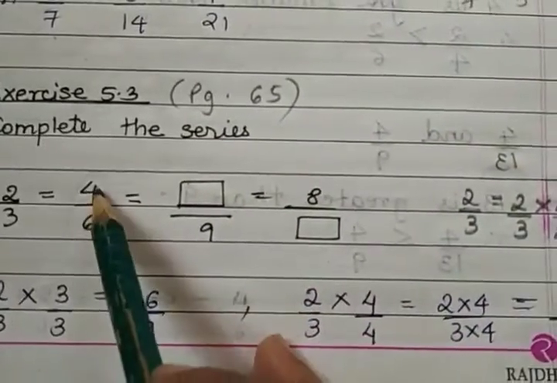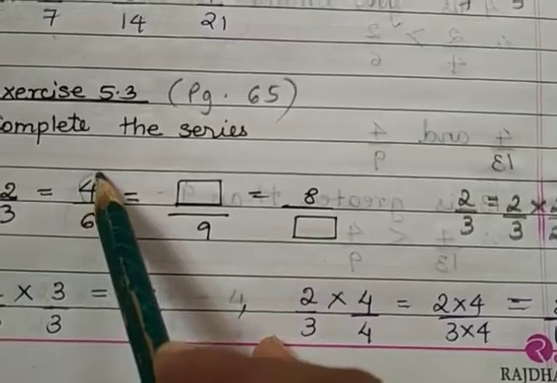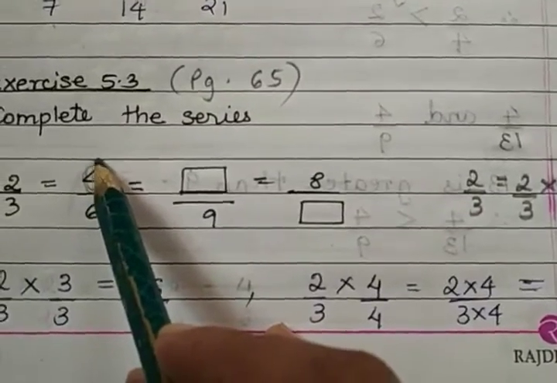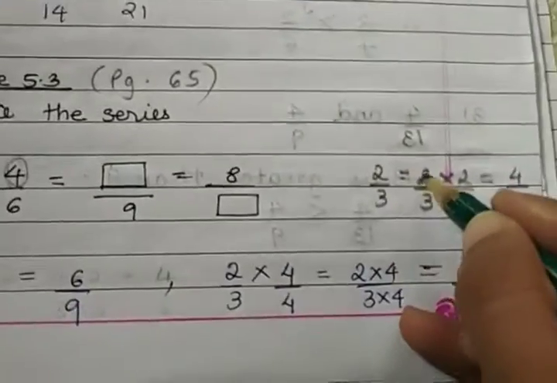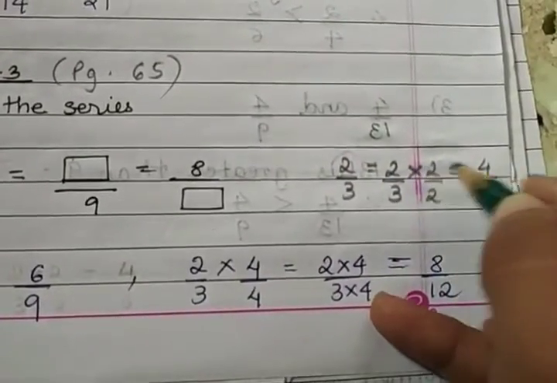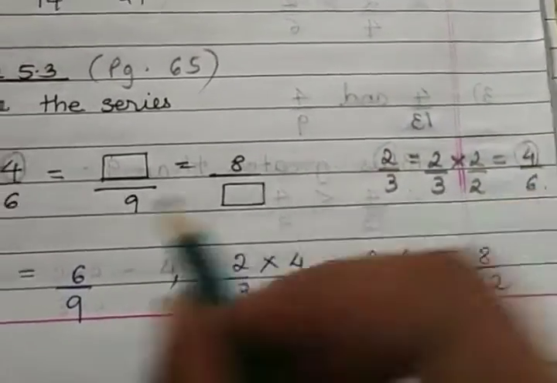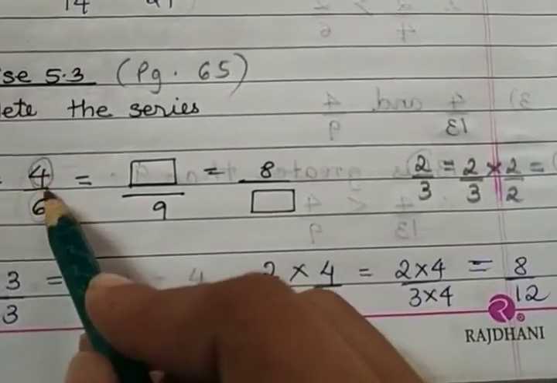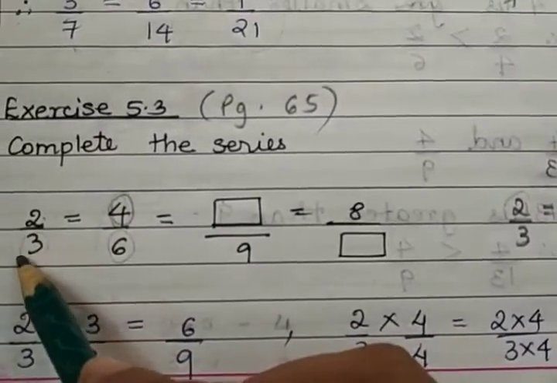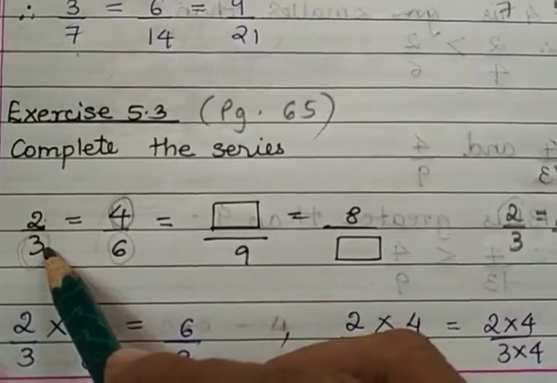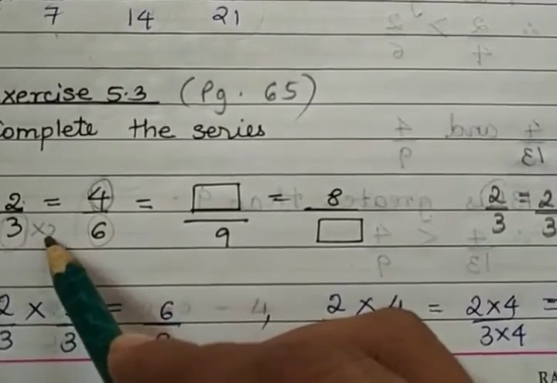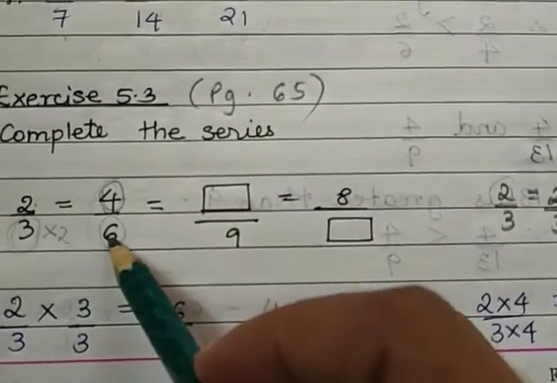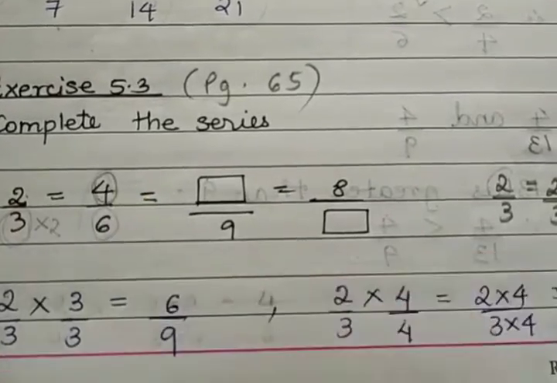The numerator 4, you get by multiplying 2 by 2, correct? So when you multiply 2 by 2, we get 4 in the numerator. Similarly, 6 you obtain by multiplying 2 to the denominator 3, right? So 3 multiplied by 2 is 6.